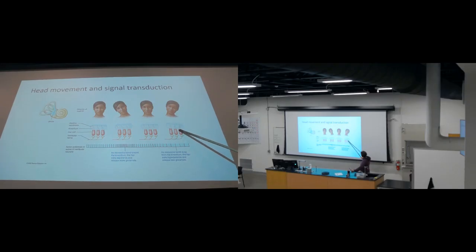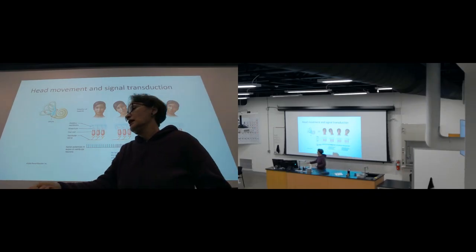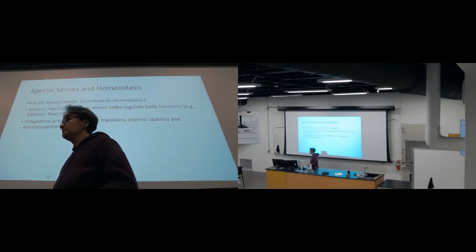So as the stereocilia bend away from the longest cilium, which is the kinocilium, these cells will hyperpolarize, they will release less glutamate, and then you have fewer action potentials. So that's what happens.